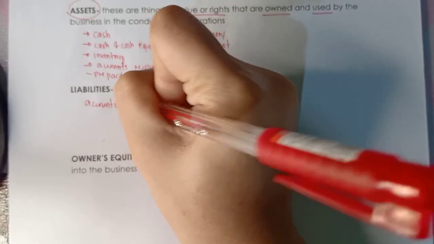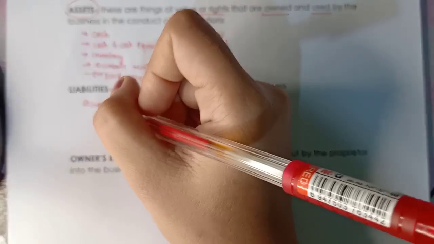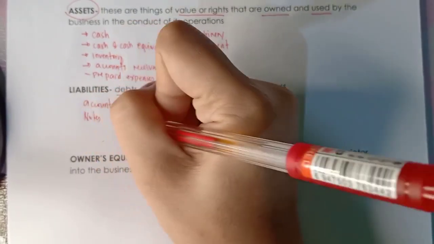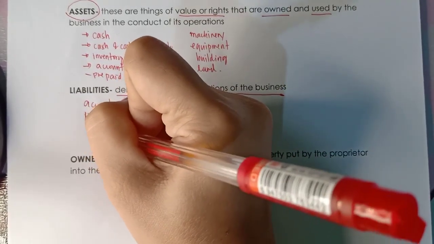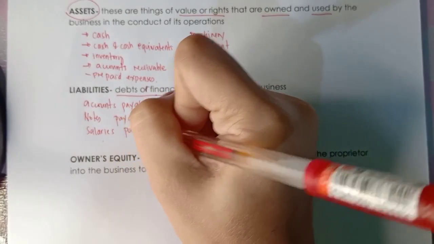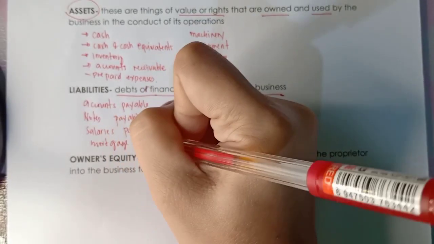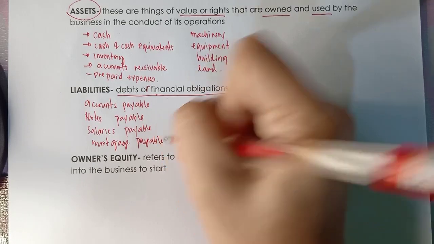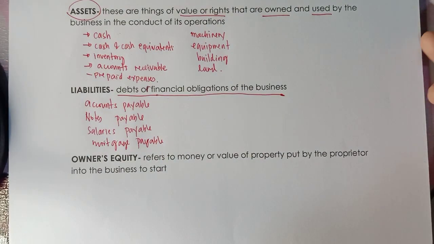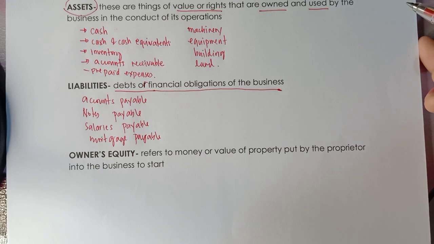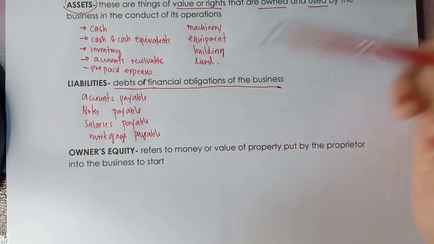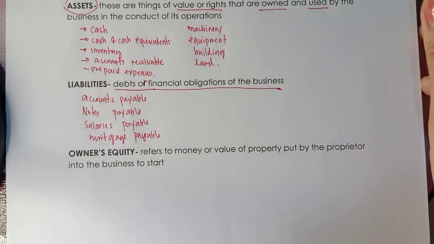It includes accounts such as accounts payable, which are utang, notes payable, salaries payable, and mortgage payable. These are some of the examples of liabilities. We also have a separate discussion about each of these accounts included in the liabilities.